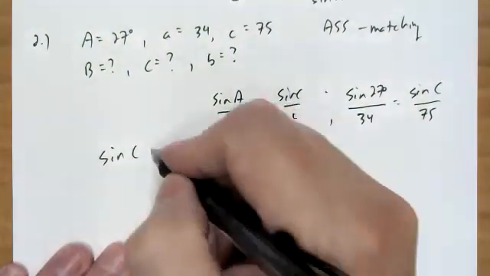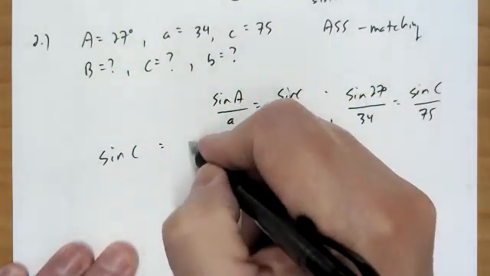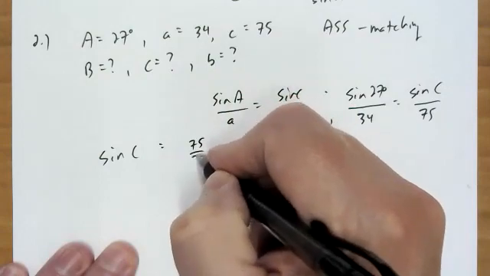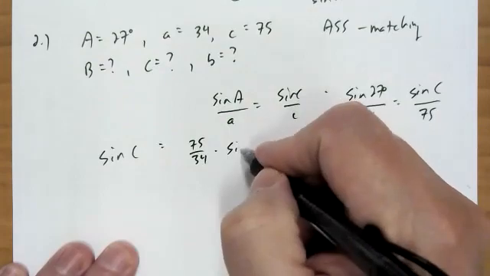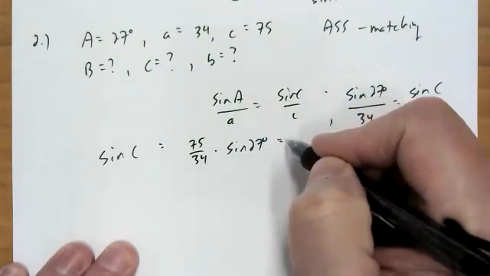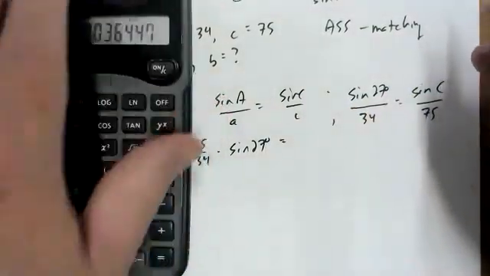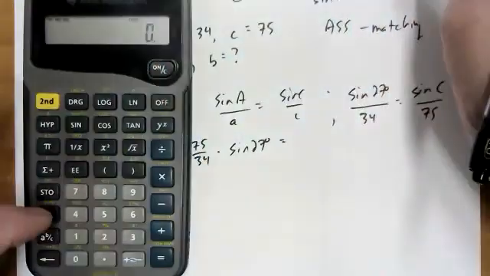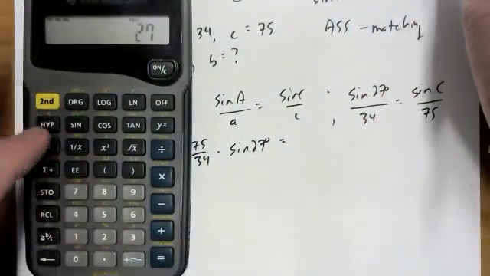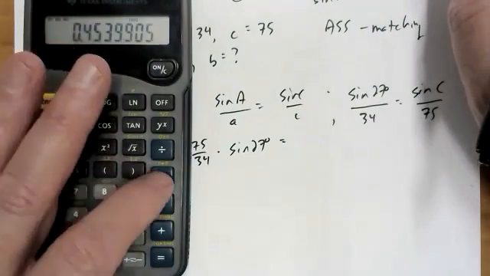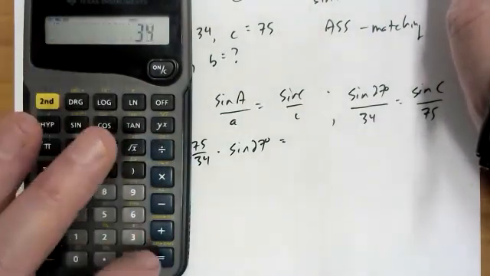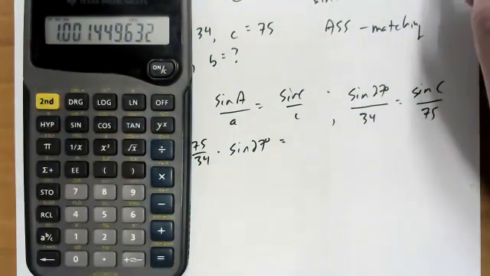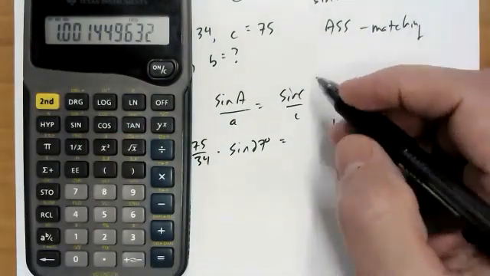So the sine of C equals 75 over 34 times the sine of 27 degrees. 27 sine times 75 divided by 34, 1.0014.